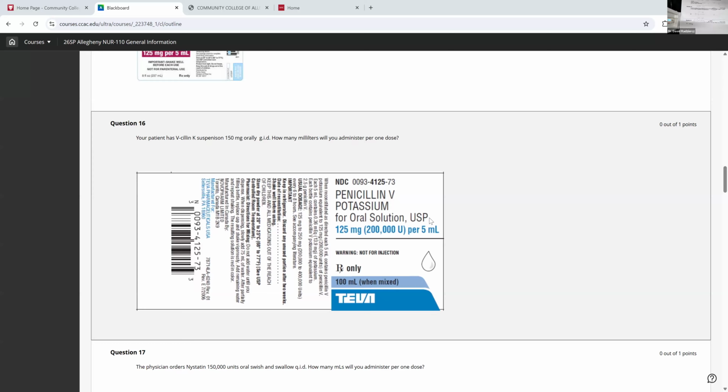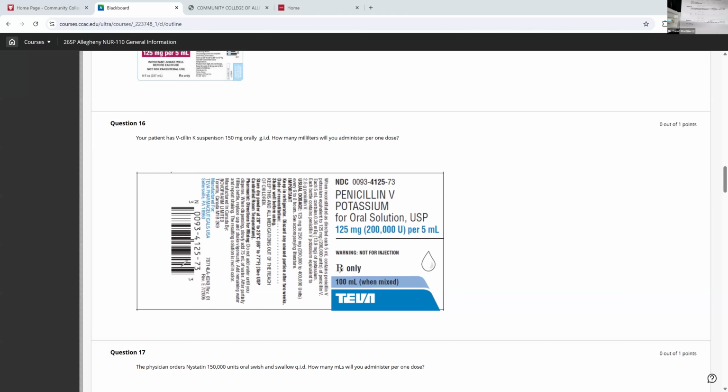These are the labels you see in the pharmacy, not the ones on the pill bottles given to you as a patient. This is how you'll see them in clinical rounds, so it's important to know how to look at them. A helpful tip is to do a Google search, or whatever search you want, for drug or medication labels, so you have more confidence about the different types of labels and what they look like.